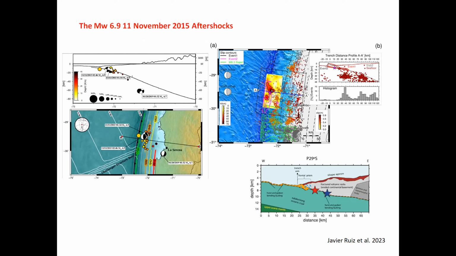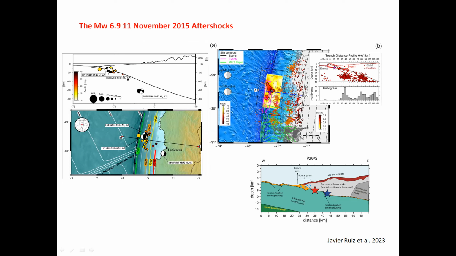And then if we look at their focal mechanisms, we can observe here a schematic profile of this zone where they occur. They are inverse events on the plate interface and very, very close to the trench, similar to all the events of this sequence.